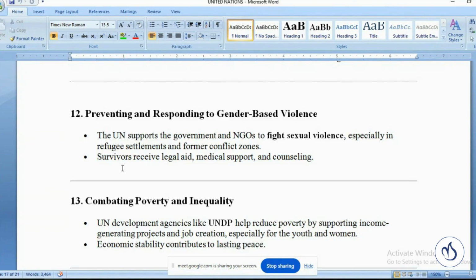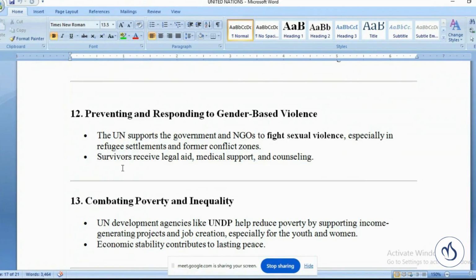Another one now, preventing and responding to gender-based violence. The UN supports the government and non-government organizations to fight sexual violence, especially in refugee settlements and former conflict zones. You know, when there is a war, I normally use the example of Uganda because I know it better.